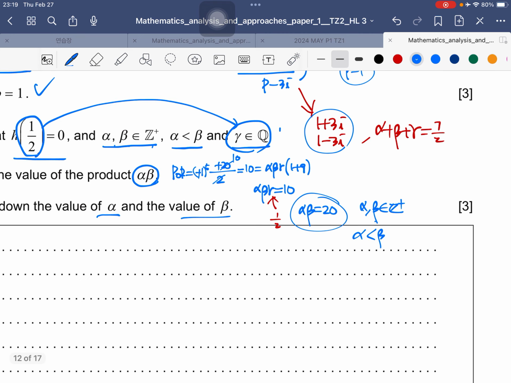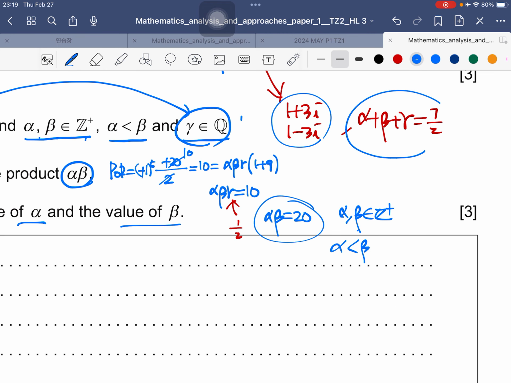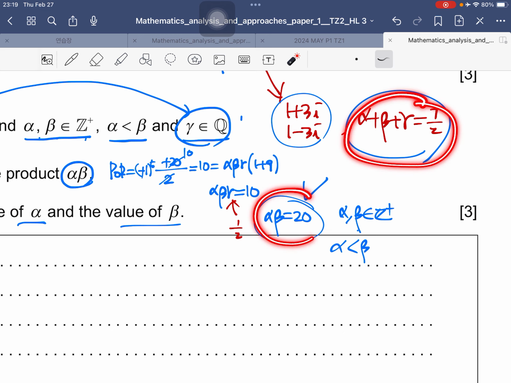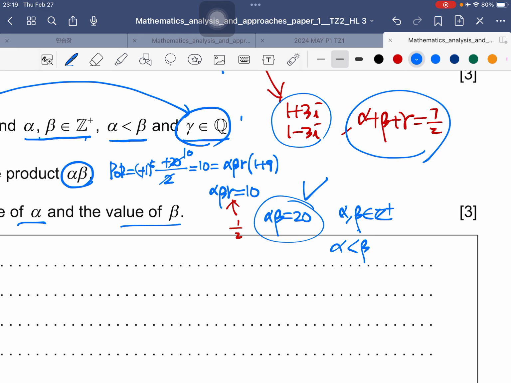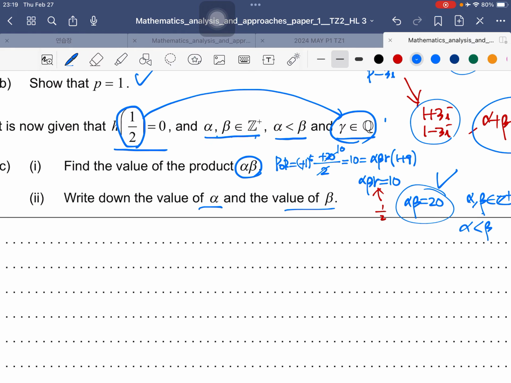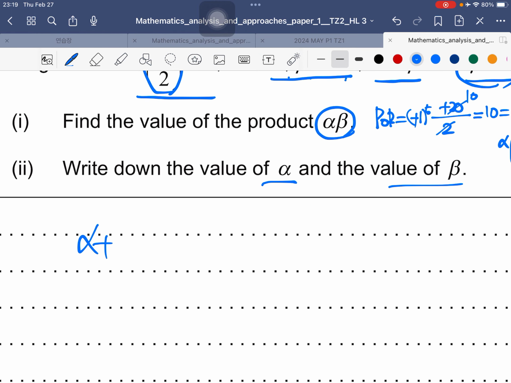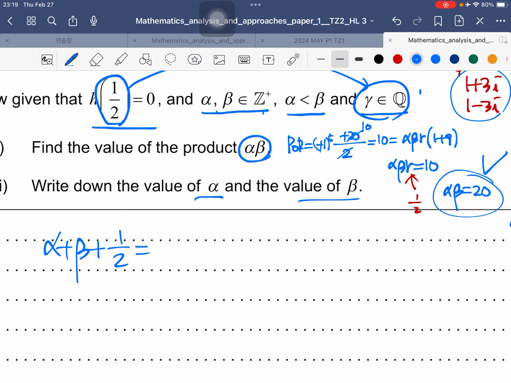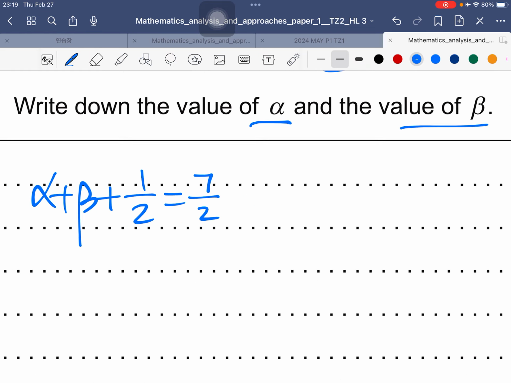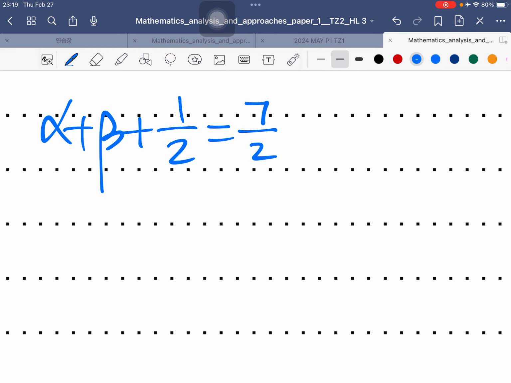Okay. So we can use these two properties and find alpha and beta, because we already know gamma. Alpha plus beta plus gamma is 7 over 2 with gamma being 1 over 2, so alpha plus beta is 3. Alpha times beta is 20.